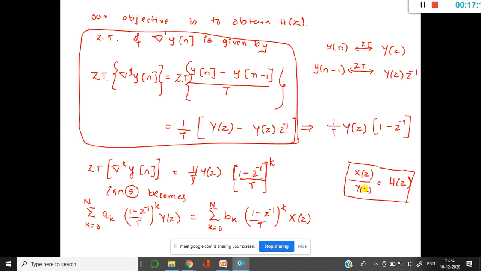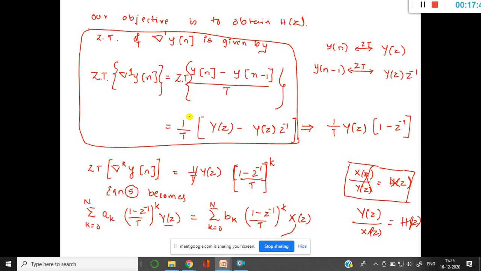Now if I take output by input, I'm sorry, here it is Y of z by X of z I need to write. So this gives me H of z. Fine. So Y of z by X of z. Y of z, I keep it here as it is. I take it to the denominator X of z. So Y of z divided by X of z, what are we going to get in the numerator? What is the numerator value here?